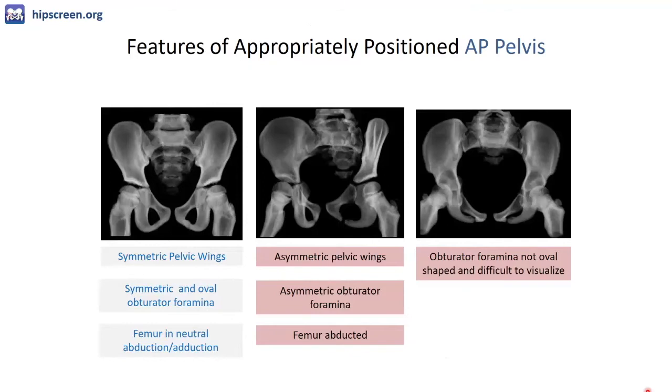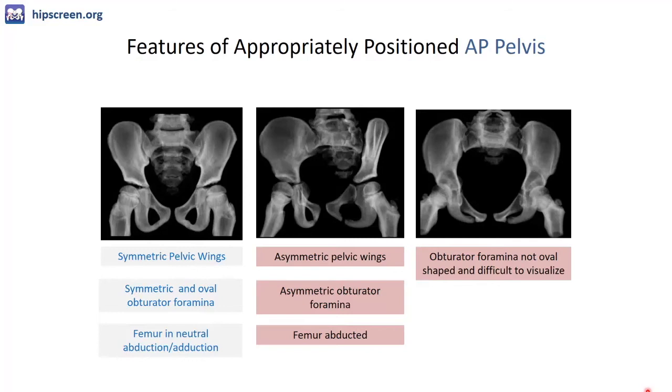The pelvis in the middle has been rotated so that the pelvic wings are asymmetric and the obturator foramina are also asymmetric. In addition, in this middle X-ray, notice that both of the femur bones are abducted or spread away from the body. The pelvis on the far right has been tilted forward, such as in a child with a hip flexion contracture, without positioning pillows under the legs.